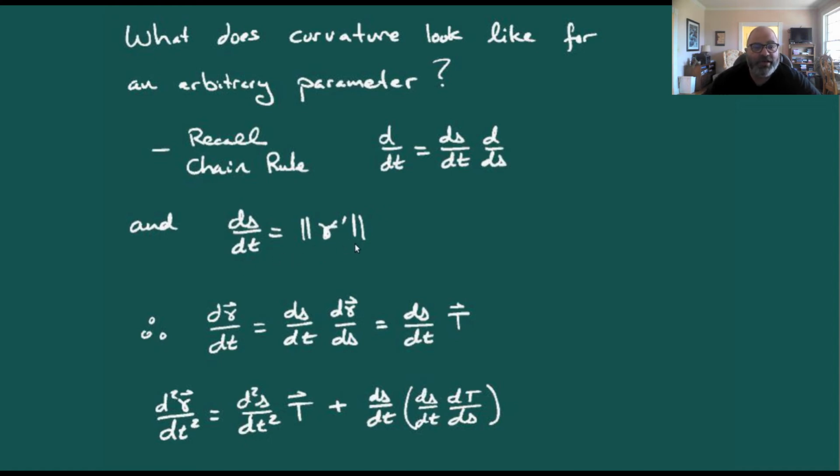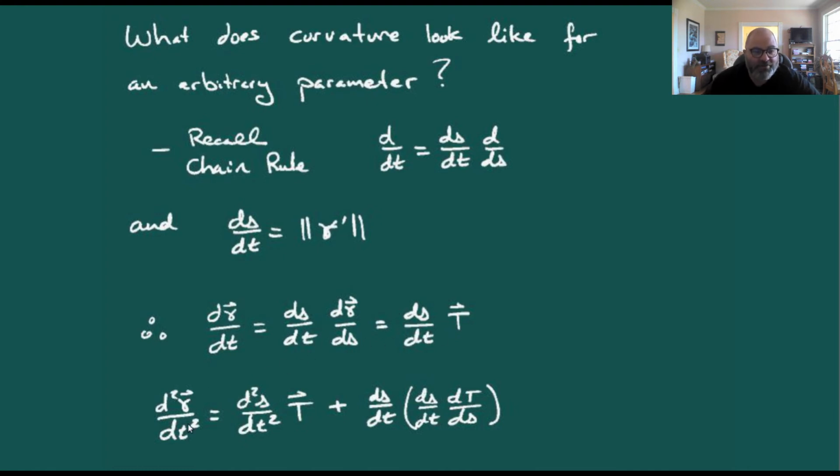It was just the length of the tangent vector for the curve. So d gamma dt is going to be ds dt times d gamma ds, and that d gamma ds was our unit tangent vector. So we get the unit tangent vector times ds dt.